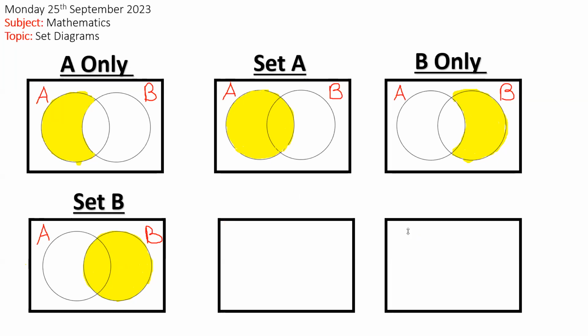Dante, are you there? Yes, sir. Explain the difference between B and B only. In B only, it has the elements of just B, and then set B is the elements of B and, I forgot what it's called, in the middle. Intersection.